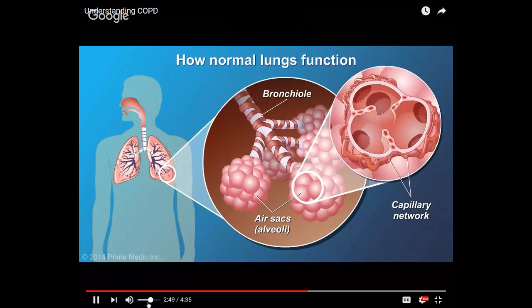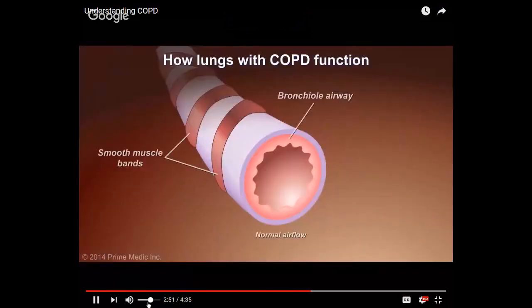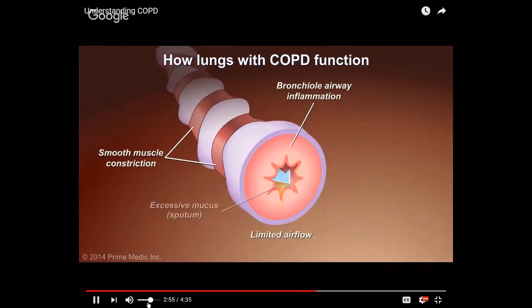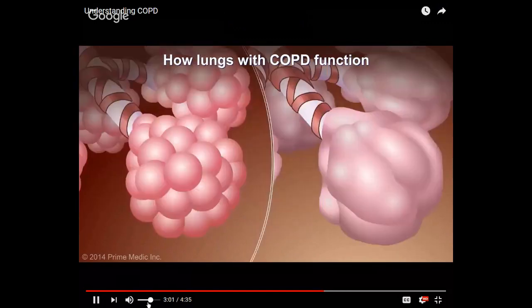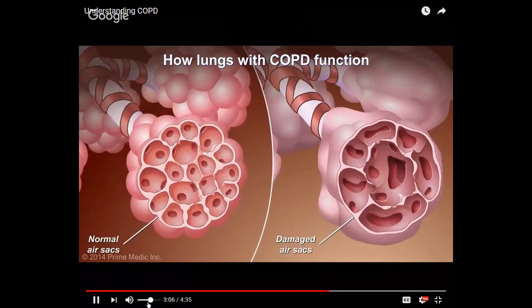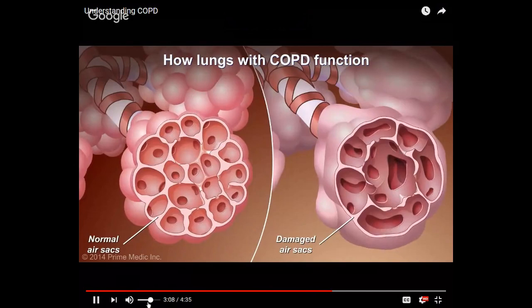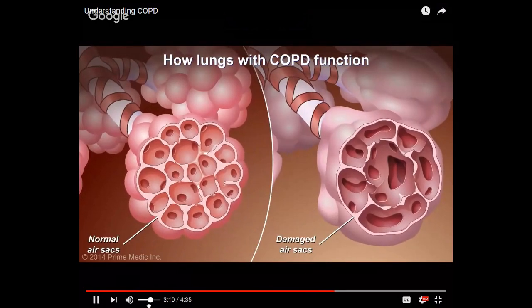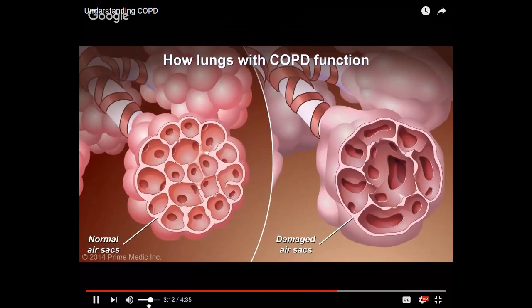In COPD, however, the airways become thick and inflamed, and they produce more mucus than usual. This mucus can clog the airways and makes it hard to breathe. In COPD, the walls of the air sacs in the lungs are damaged and lose their elastic quality. The air sacs get floppy, broken, and lose their shape.